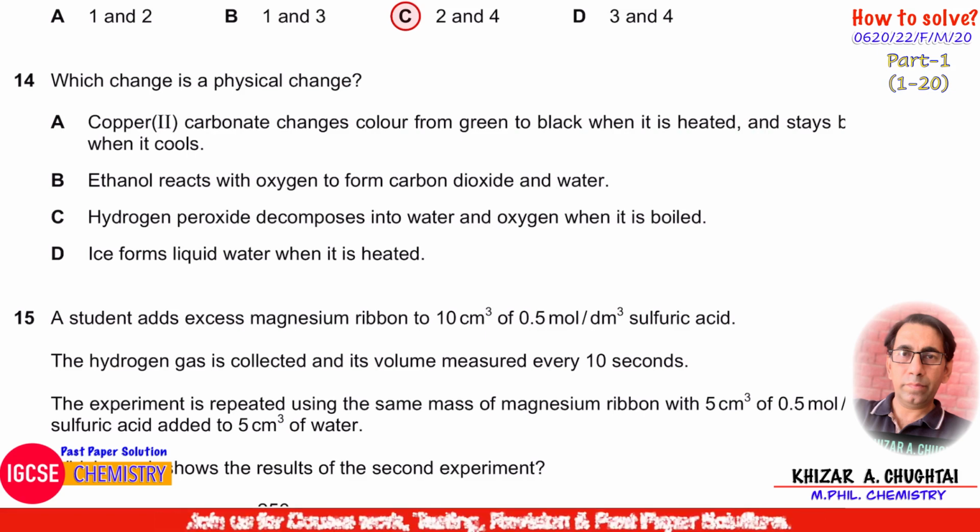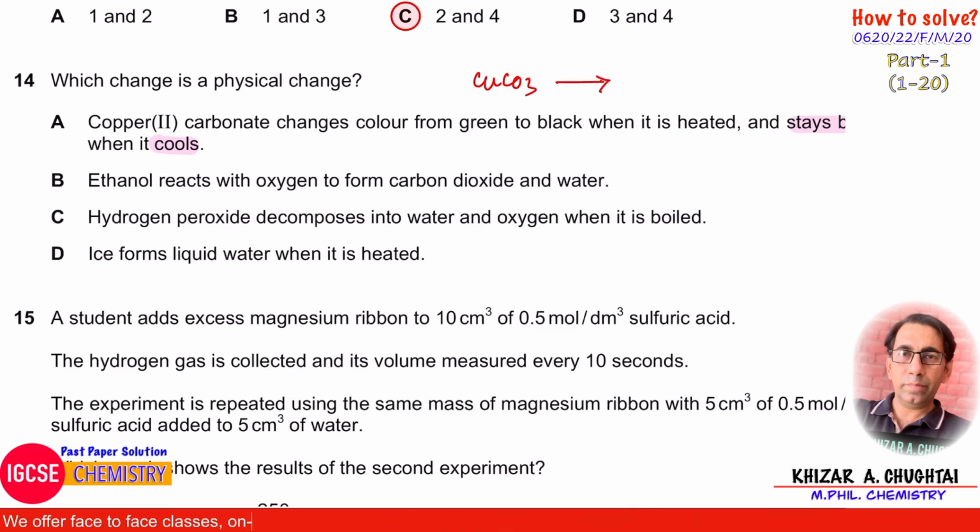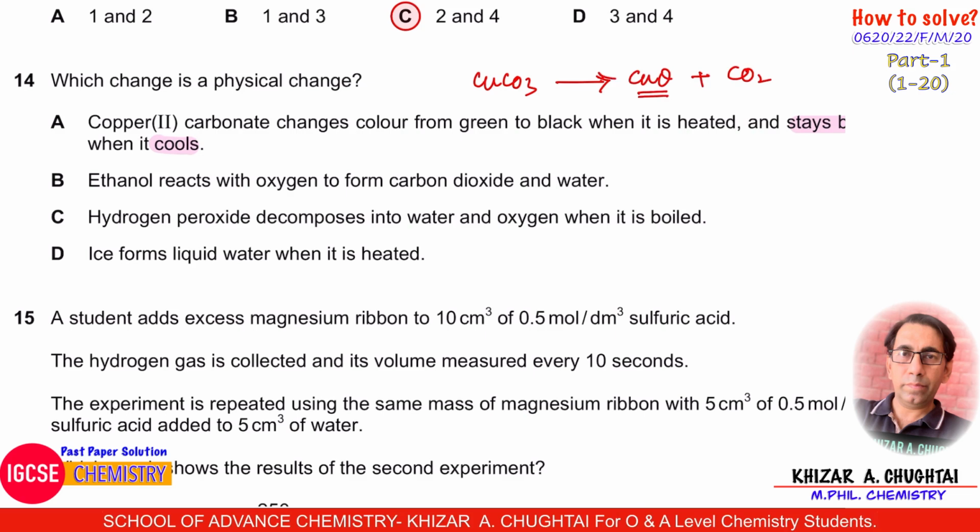If it stays black when it is cool, then it simply means it has changed chemically. The reaction is CuCO3: when copper carbonate is heated strongly, it makes CuO, a black solid, and CO2 gas. This is an irreversible reaction. So this is a chemical change, not a physical change. So A is an incorrect option.